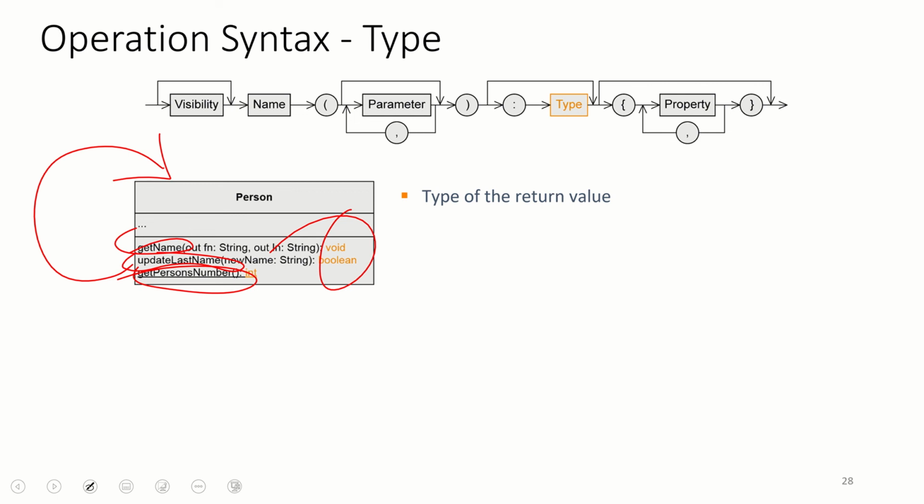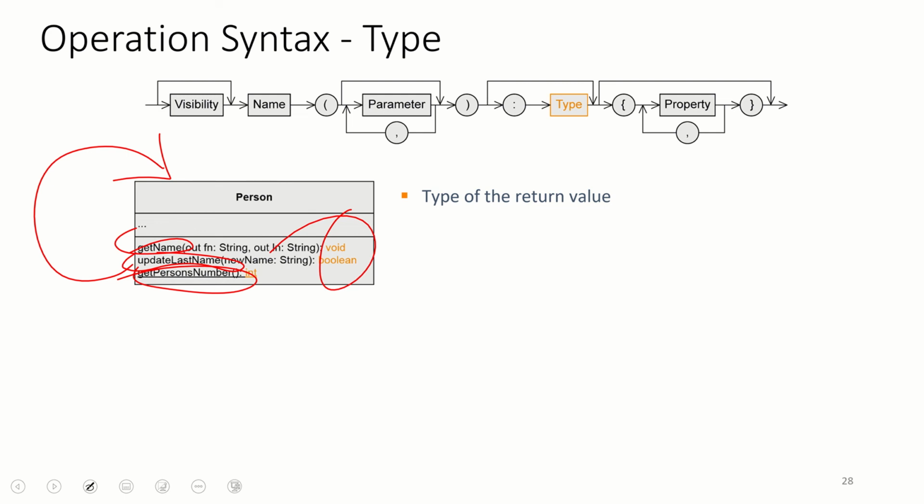Then you need to define the return type of the method. That means if you try to use the method, you need to let people understand, if I use this method, what's the return type? What's the data type of the value you just return?